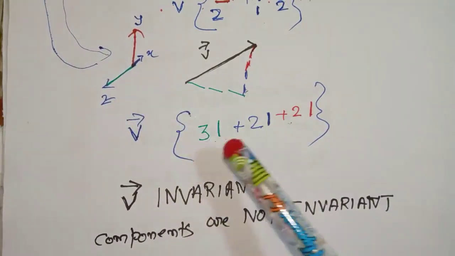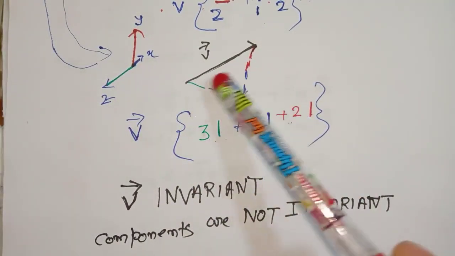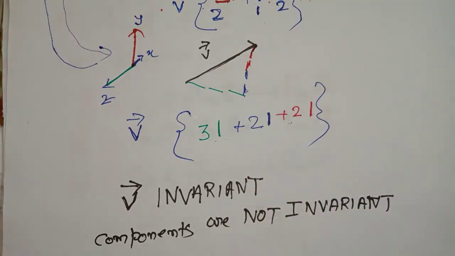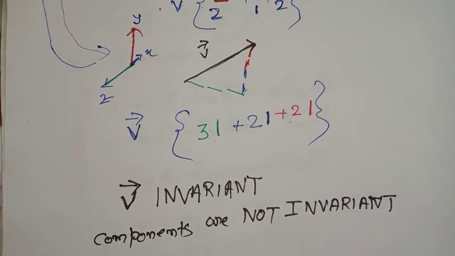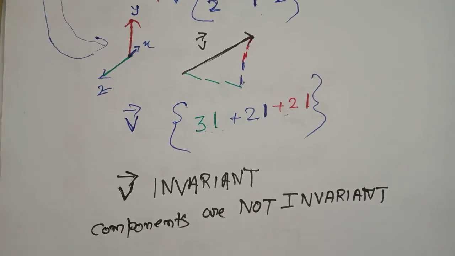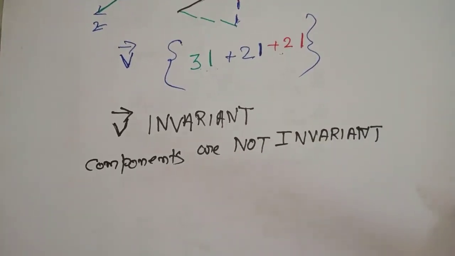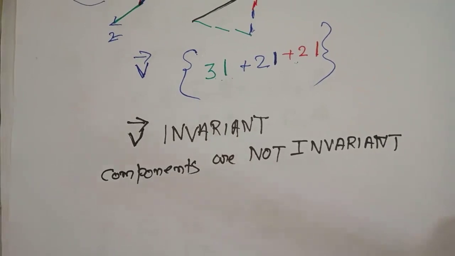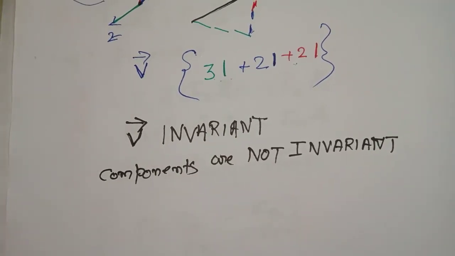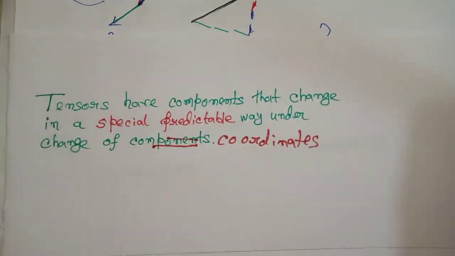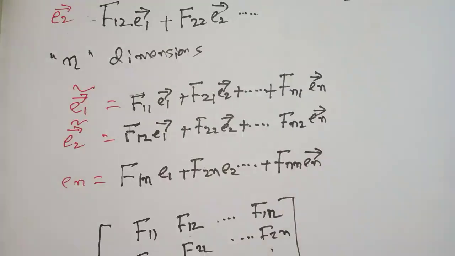The vector's components change but the vector itself remains the same. That is why we have written that vector v is invariant, but the components of the vector are not invariant. And this leads us to this, which we have called that tensors have components that change in a special, predictable way with the change of coordinates.